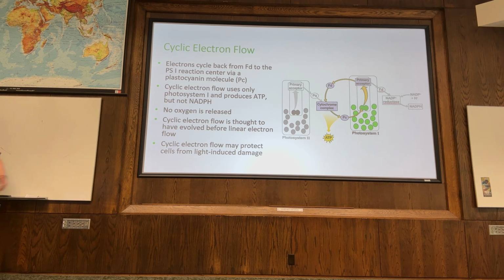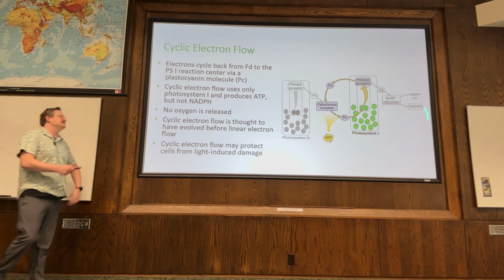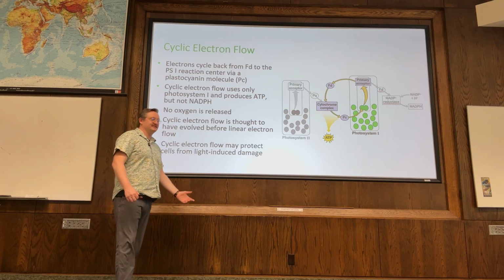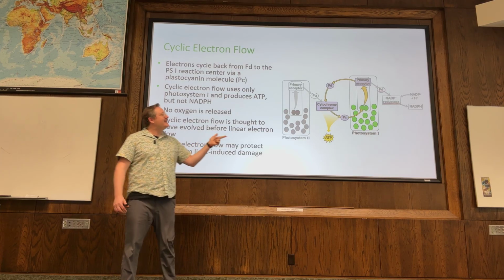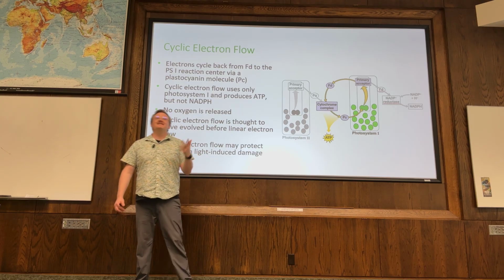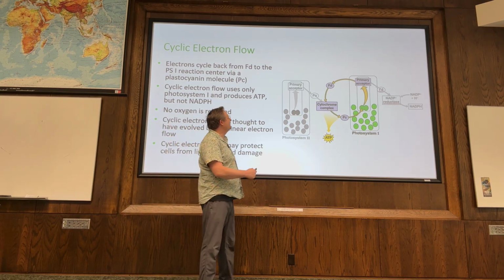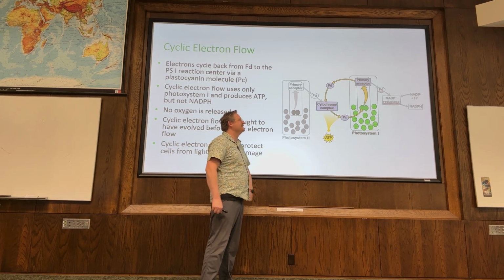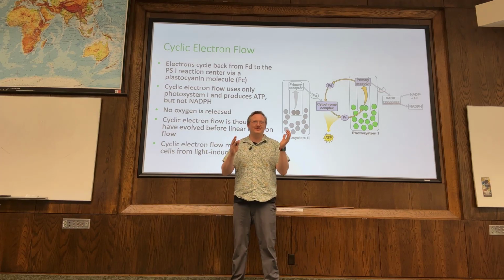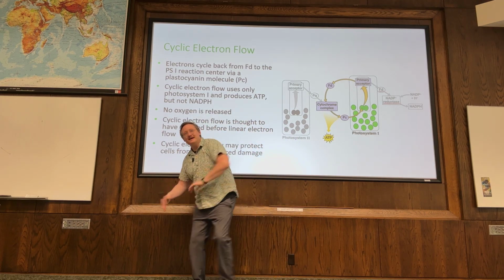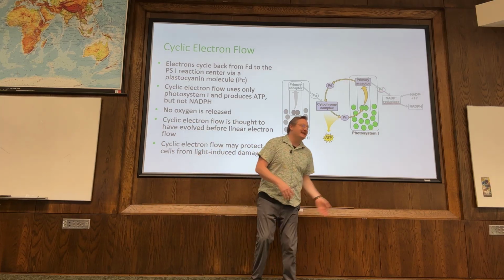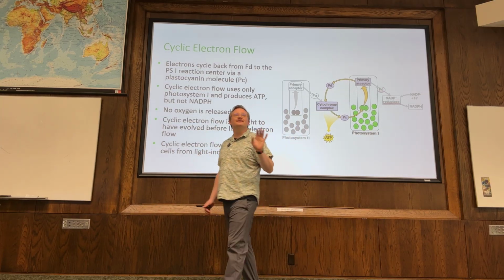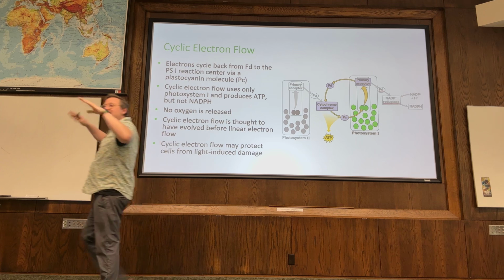It's very likely an evolutionary holdover, because most likely photosystem 1 evolved first because it can carry out production of ATP and NADPH. But then having a second photosystem probably increased the efficiency of this, so you don't have to constantly alternate between, well, now I'm making ATP, but now I'm making NADPH, and now I'm making ATP, and now I'm making NADPH. Linear electron flow generates ATP and NADPH in equal amounts.